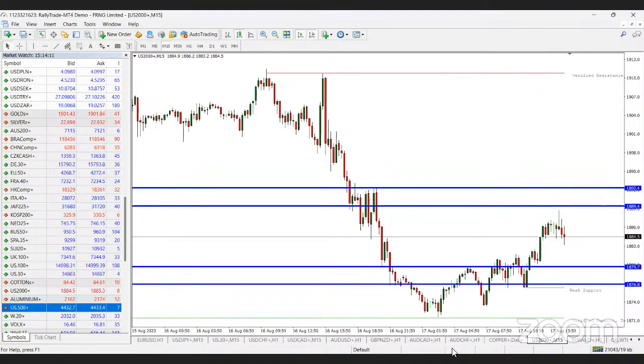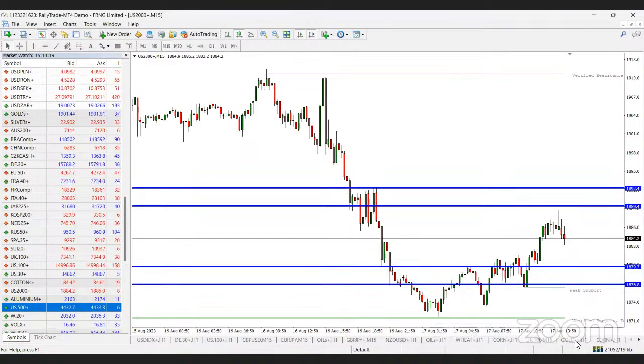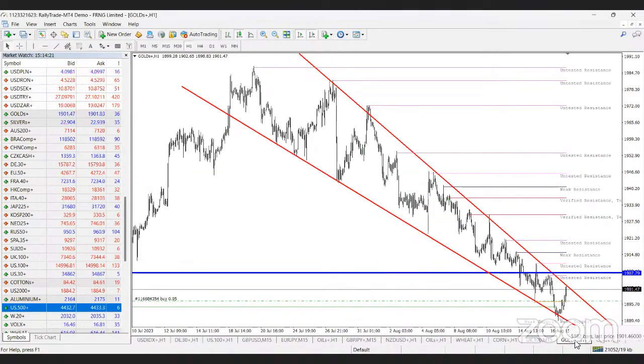Okay. Let me look at gold. Since we are considering the US session, let's look at gold. Now, for gold, you will notice that I have drawn a kind of trend line.